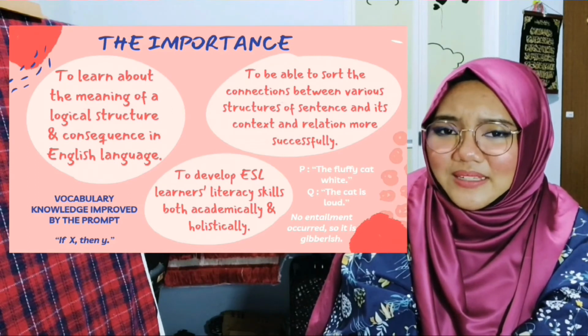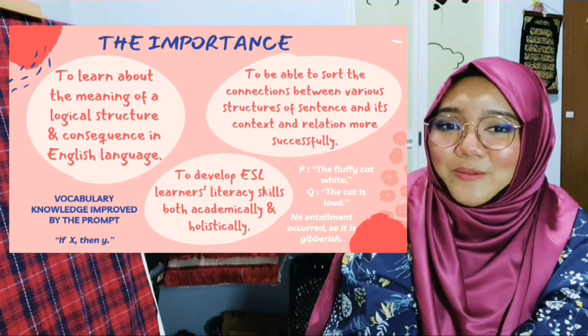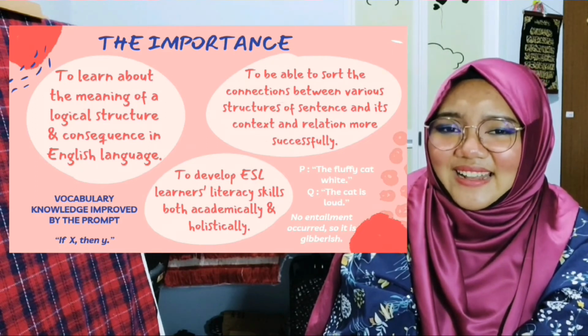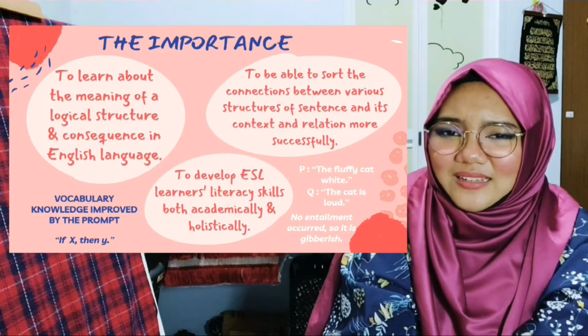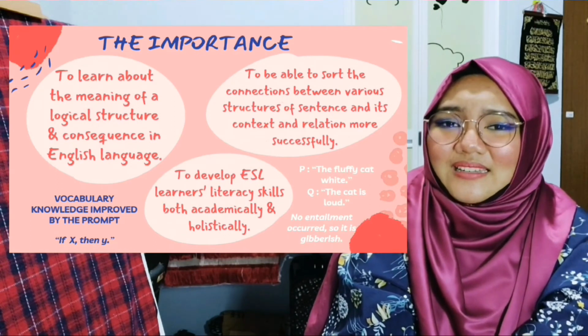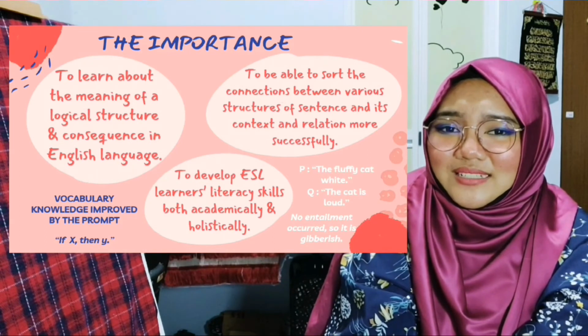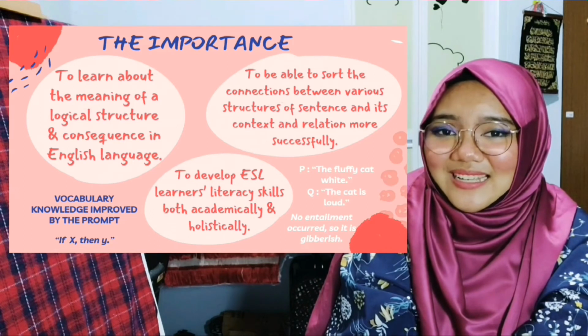For example, if I were to say that the fluffy cat is white and then say that the cat is loud, it simply turns the sentence to gibberish and irrelevant, as the concept of entailment does not exist for that sentence.